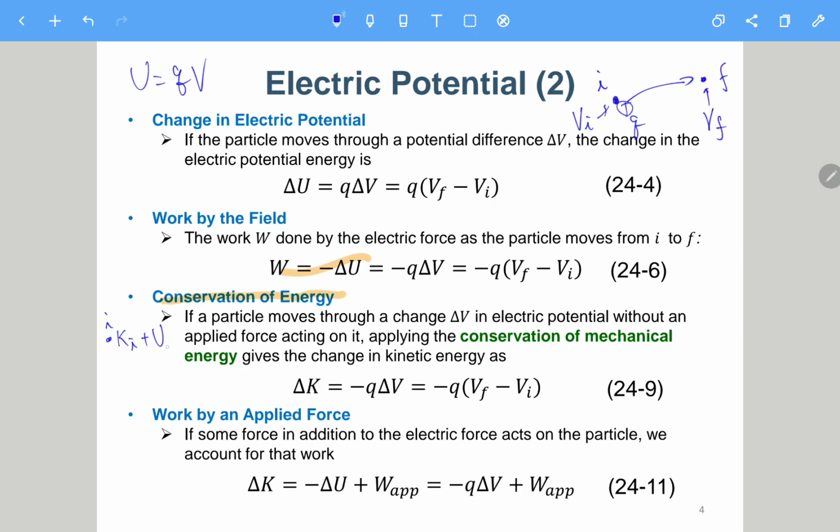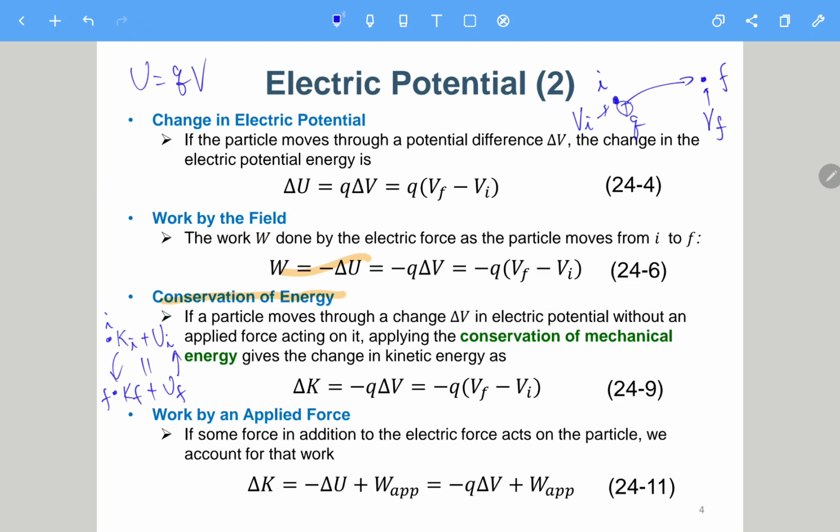So the total initial energy is Ki plus Ui, and for the final stage, it should have Kf plus Uf. This is the final kinetic energy and the final potential energy. As long as we assume the energy is conserved, then these two quantities should be equal to each other. And then we try to move terms over.